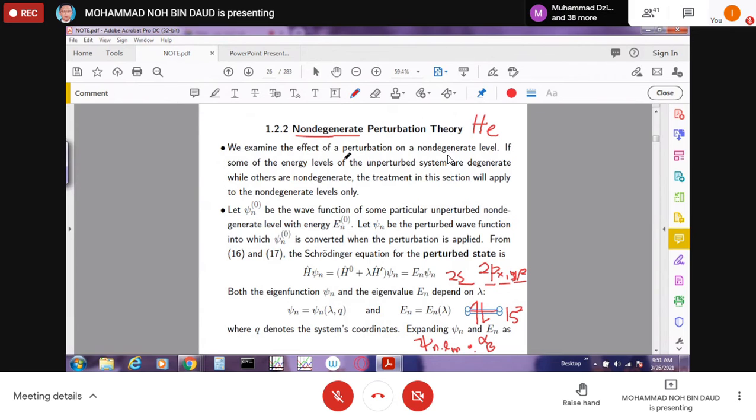Now for the non-degenerate case, we can use non-degenerate perturbation theory.